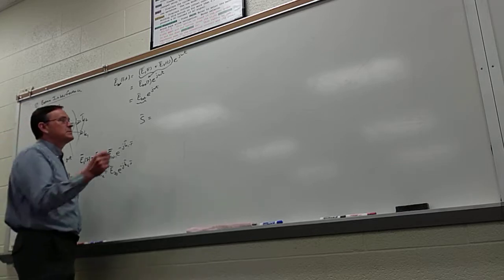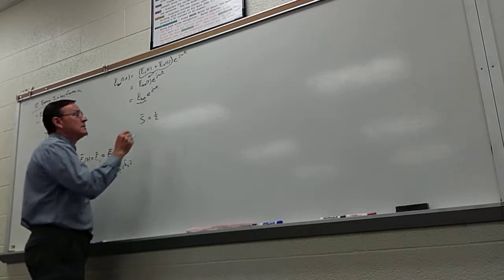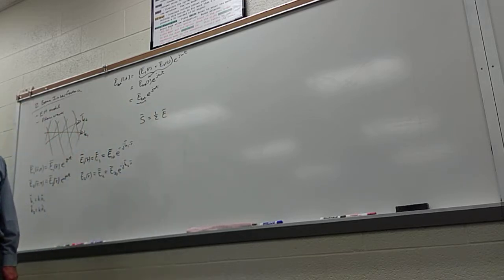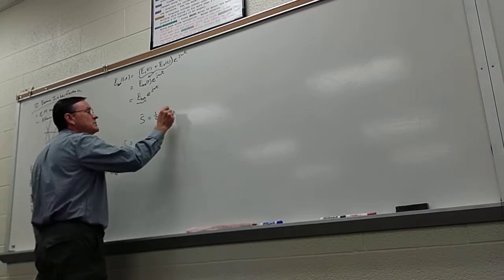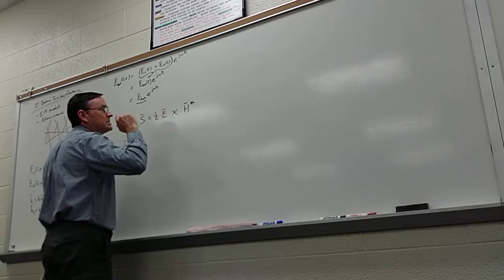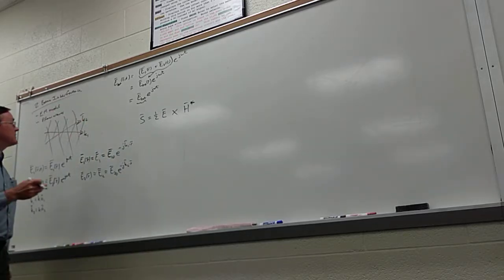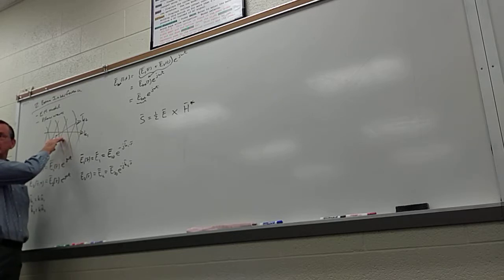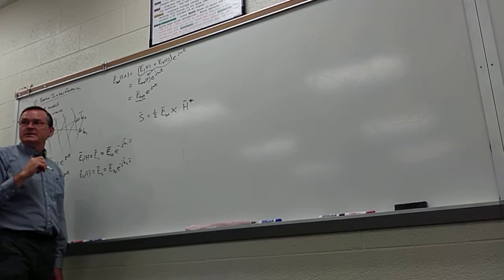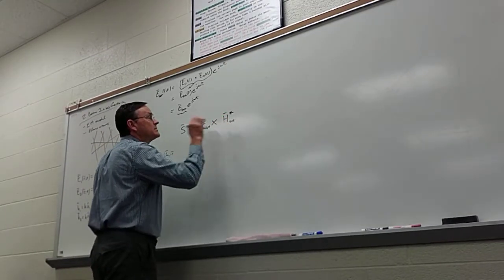So the complex Poynting vector is 1/2 the electric field complex amplitude vector crossed into the magnetic field complex amplitude vector, complex conjugate. But this is now for the total field. So this is the complex amplitude vector of the total field, and likewise for the magnetic field.